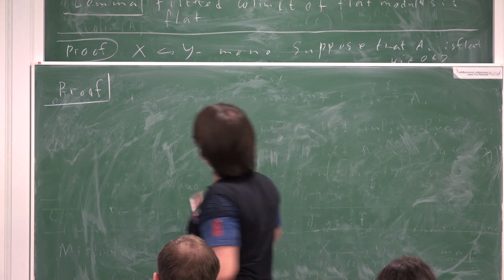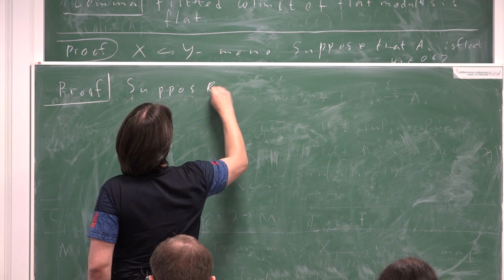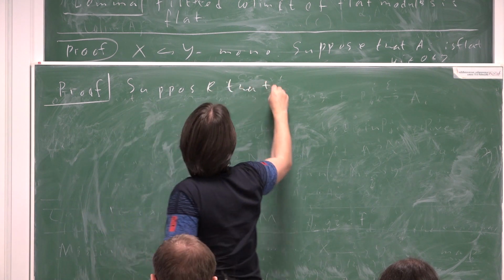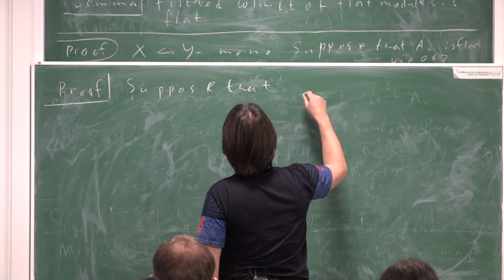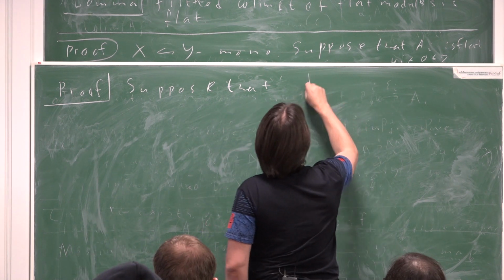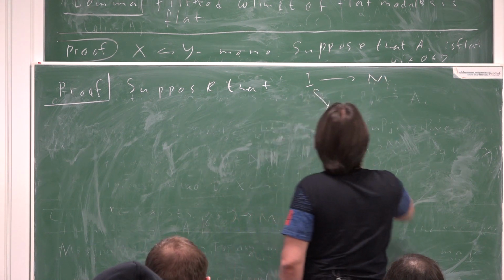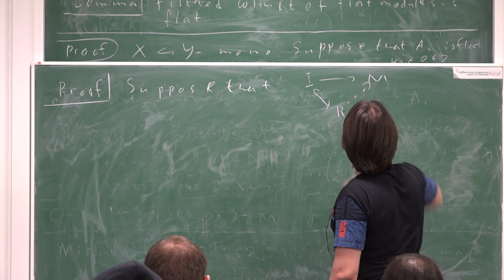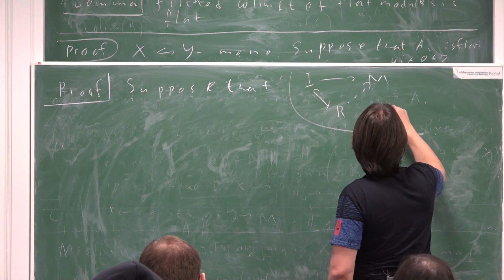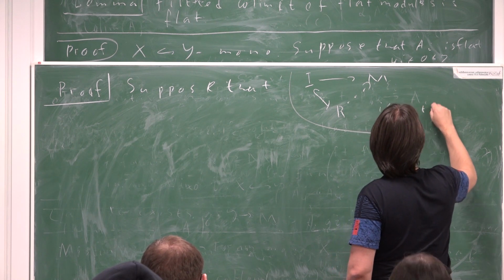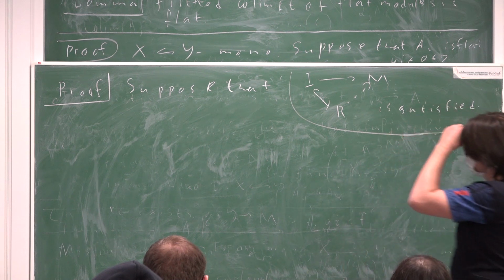Suppose that the condition on ideals is satisfied, so that if you have a map from I to M and I is an ideal in R, then there exists this extension. Suppose that this part is satisfied, and we want to prove that M is injective.